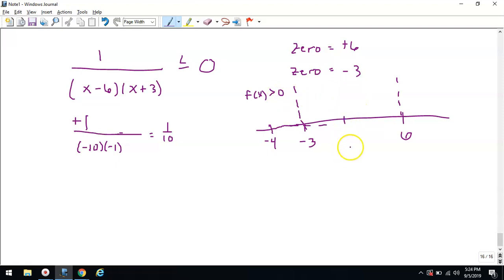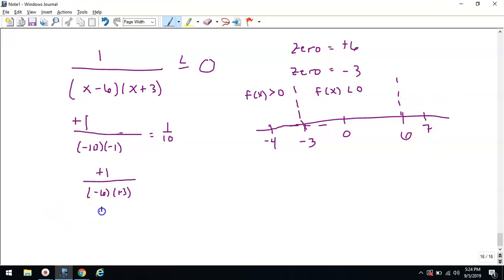So let's try 0. And that's going to give us +1 over -6 times +3, which is going to give me a negative denominator. So this is going to be less than 0. And then over here, let's try just 7.